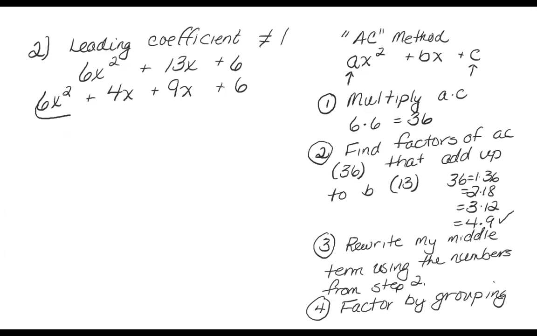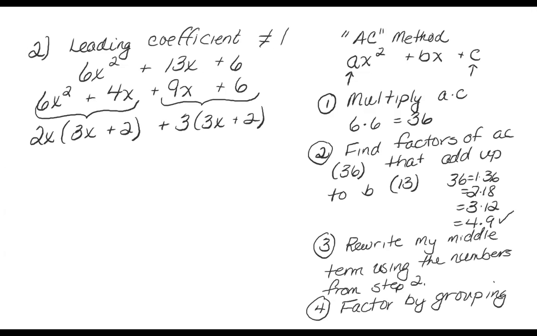So my first 2 terms, I can factor out a 2x, and I'm left with a 3x plus 2. My last 2 terms, I can factor out a positive 3, and I'm left with 3x plus 2. And then I have this 3x plus 2 in common.